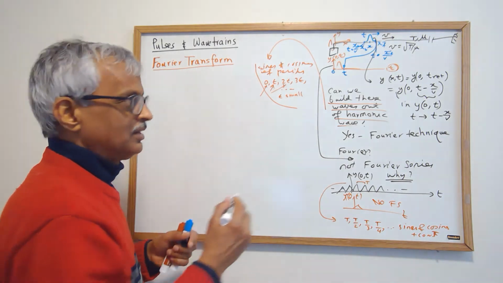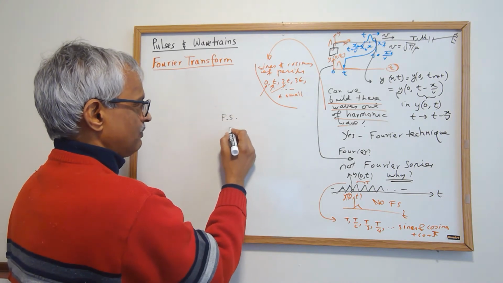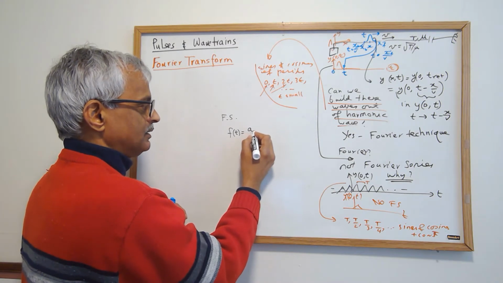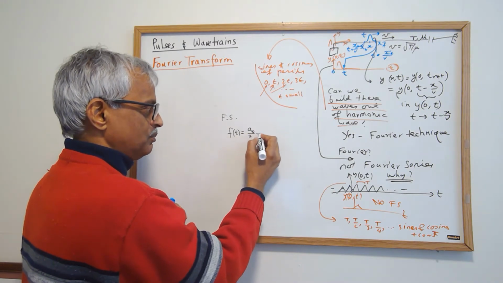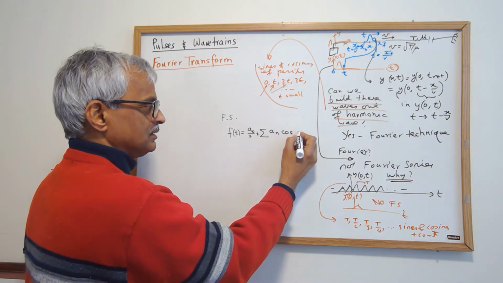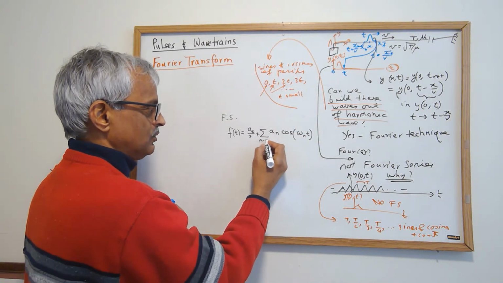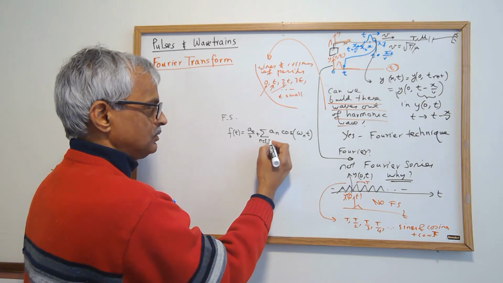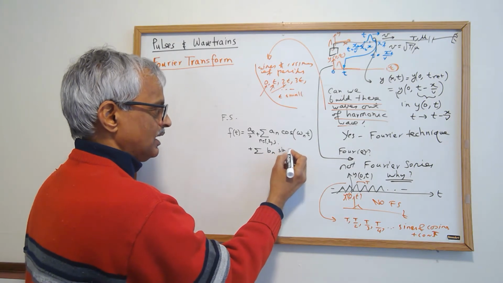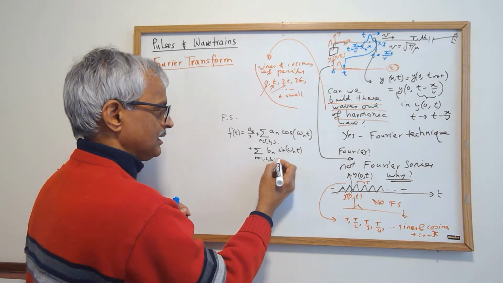But right now, I just want to show you that the Fourier series of a function of t was a0 over 2 plus the sum of an cosine omega n t, n equal to 1, 2, 3, plus bn sine omega n t, n equal to 1, 2, 3, etc. Right?